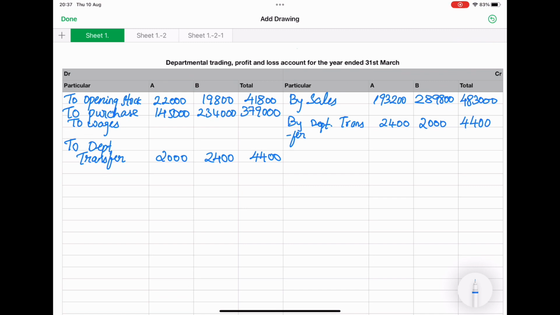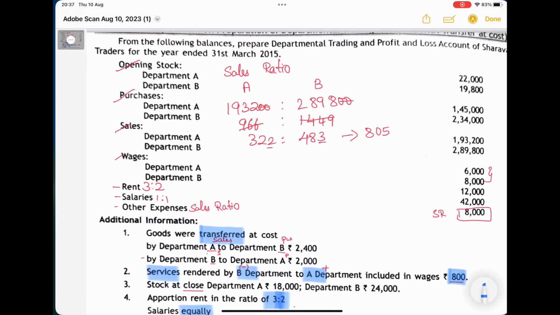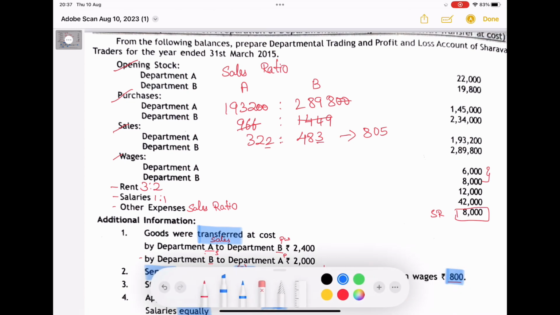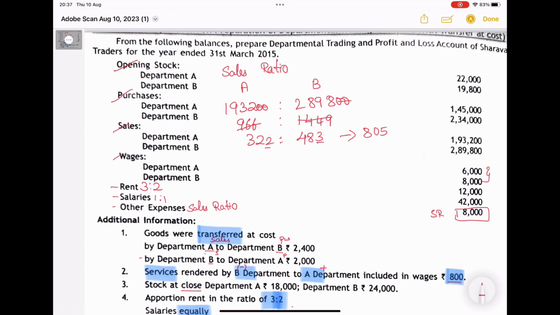So for department A we are going to add it. 6,000 plus 800. I'll write it here itself. Now, service rendered by department B to A. B to A in the sense, from 8,000 we are going to deduct 800 and reflect the amount as 7,200.